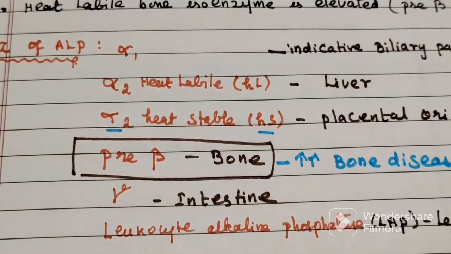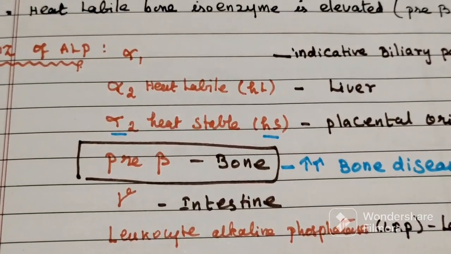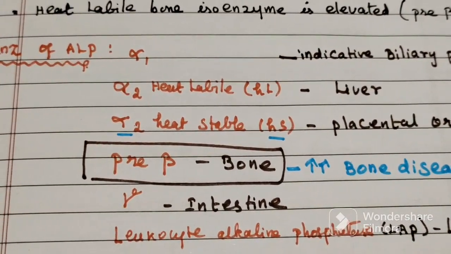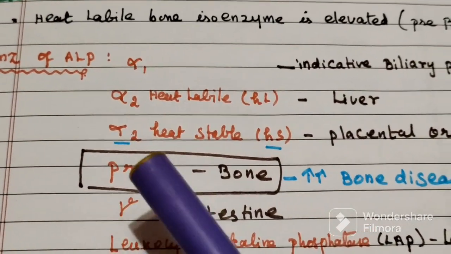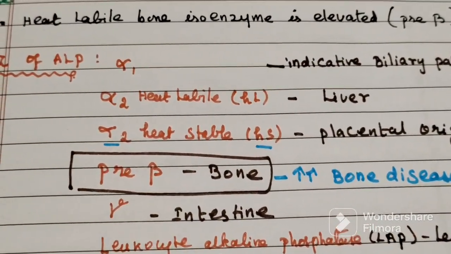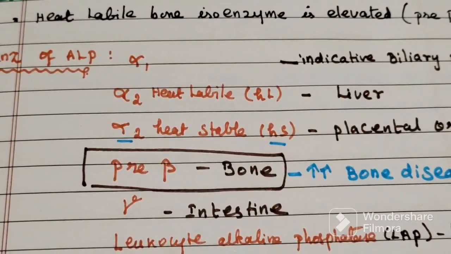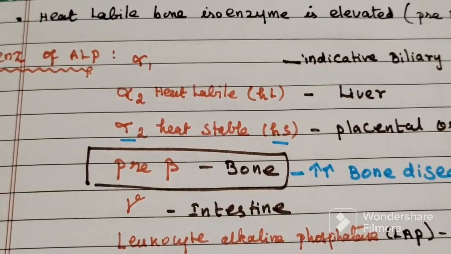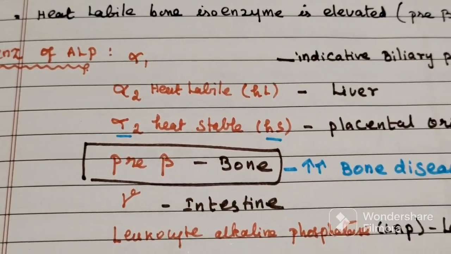The concentration of free beta increases in bone disease.